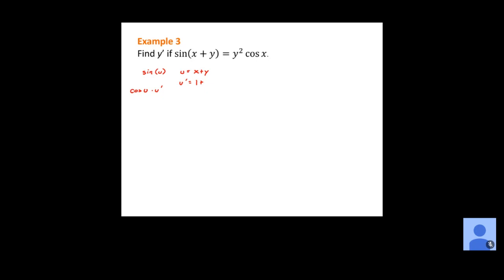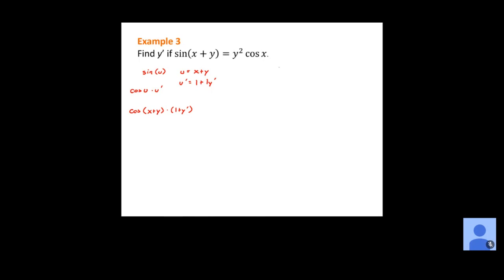It's 1 times y prime, because remember, we're taking the derivative with respect to x, so that y has to have a y prime with it. Now we have our u and our u prime, so we can substitute back in. This derivative is going to be cosine of (x plus y) times (1 plus y prime). So that's the derivative of the left-hand side.